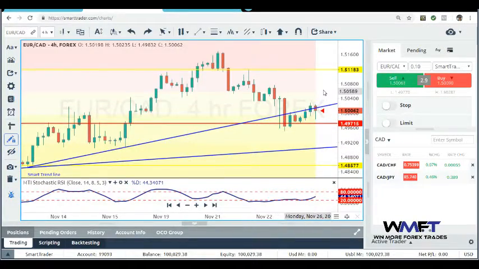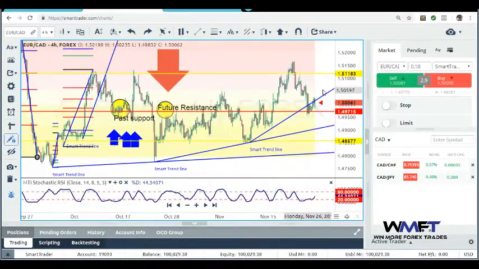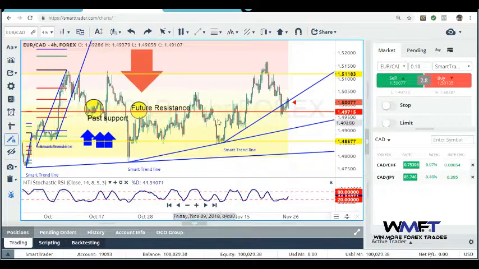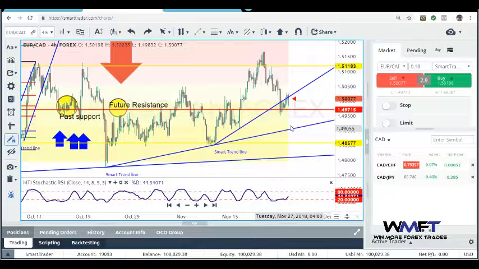On the 4 hour chart, we can see where we had past support becoming future resistance that we sold, but the market actually found a point of support and resistance, a consolidation range. In this consolidation range, we decided that we're going to just trade the price action from the top of the consolidation to the support of the consolidation.